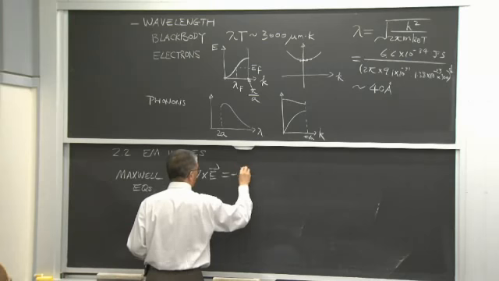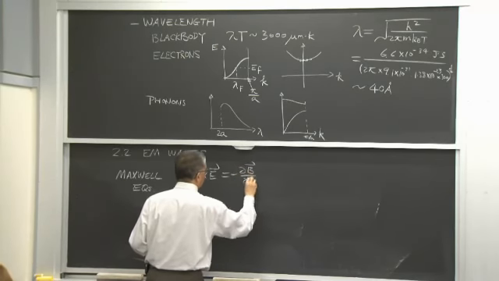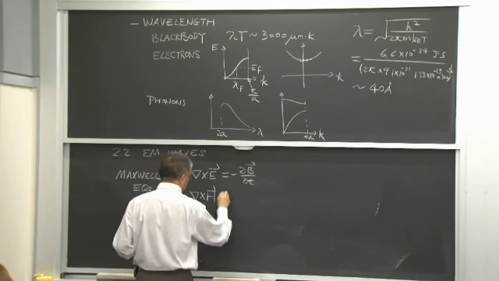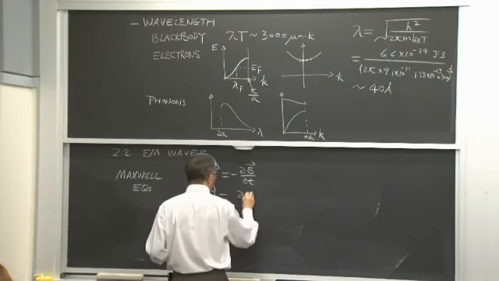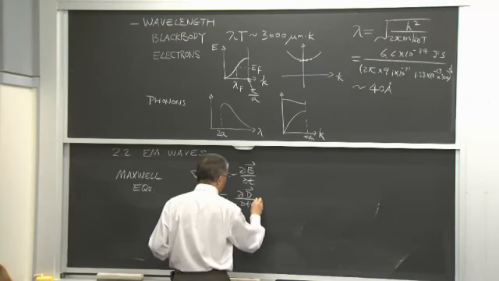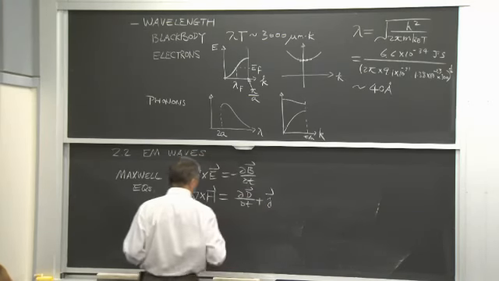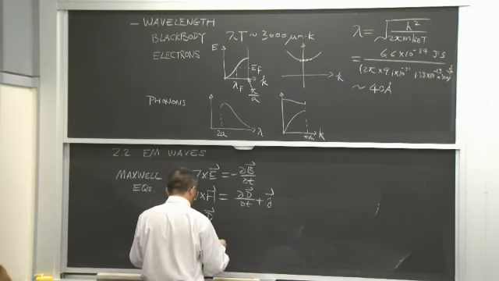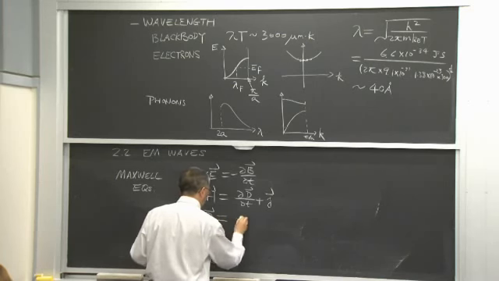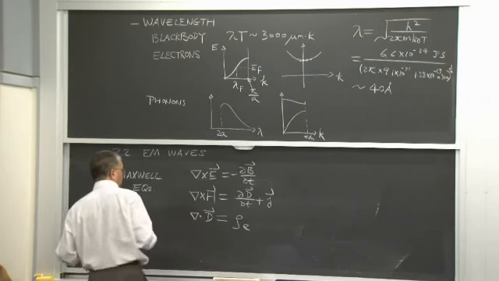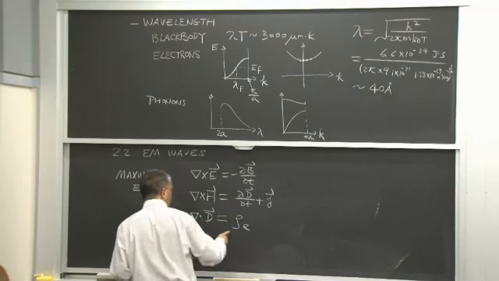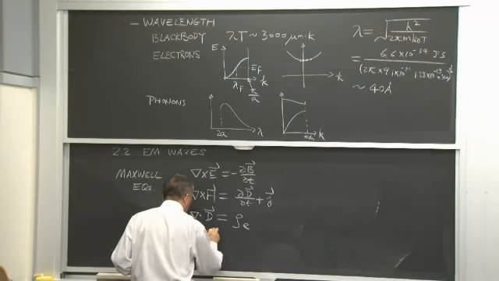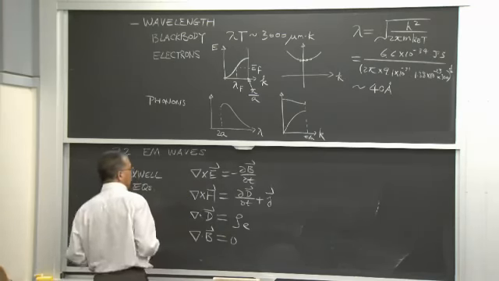The curl of E equals minus the time derivative of B. The curl of H is dD/dt plus the current. Then the divergence of the displacement field equals the charge density, and the divergence of the magnetic induction is 0.